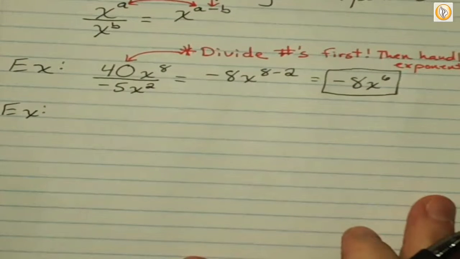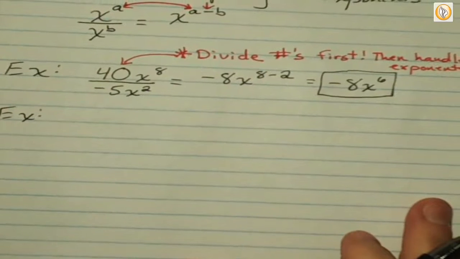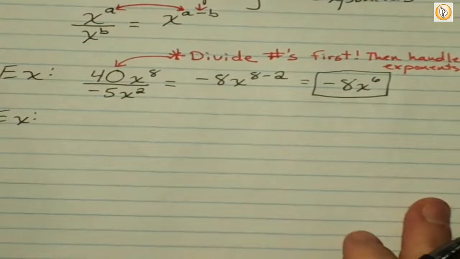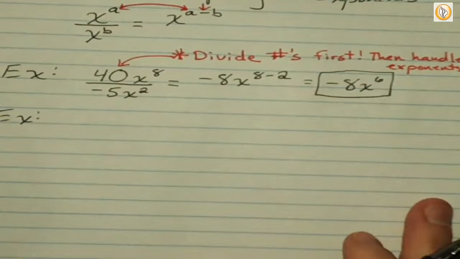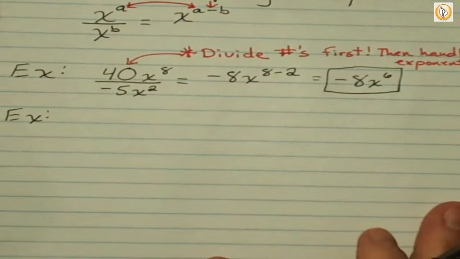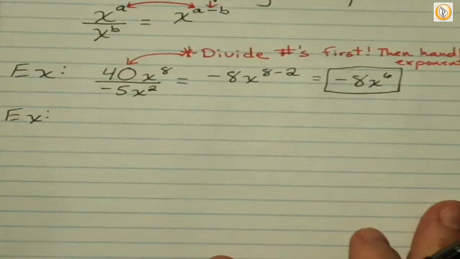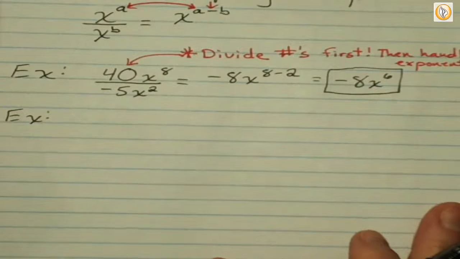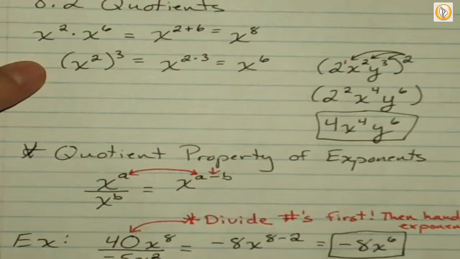Taylor, you have a question? Yeah, is it possible, like, if the exponent outside the parentheses is multiplying, is there a way to do it with division? To make it dividing the exponents? Are you talking about back here?